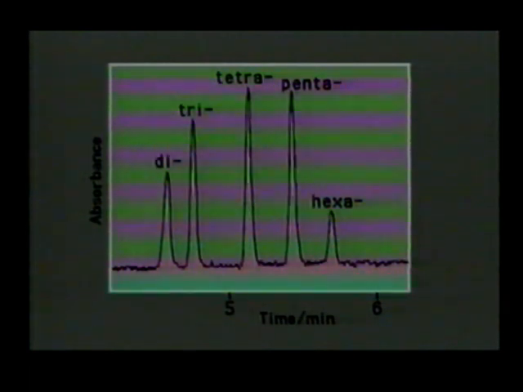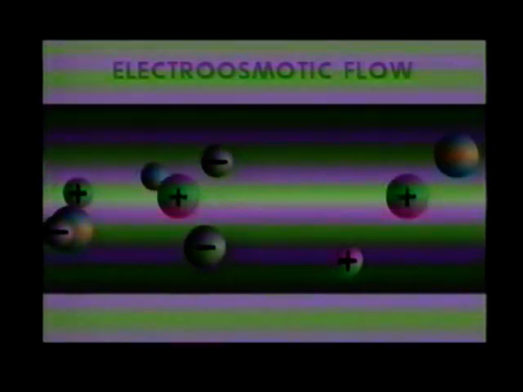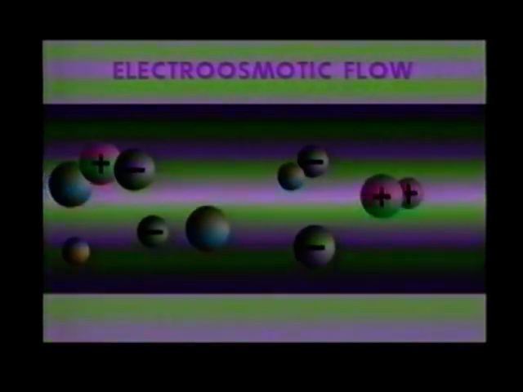When a voltage is applied across the capillary, they begin to separate. The smallest, diglycine, is the first to elute, with the others following in order of increasing size, with the largest, hexaglycine, passing the detector last. From the electropherogram of this separation, the order of elution is clearly evident. For inorganic cations, the order of elution is again in accordance with their charge and size.